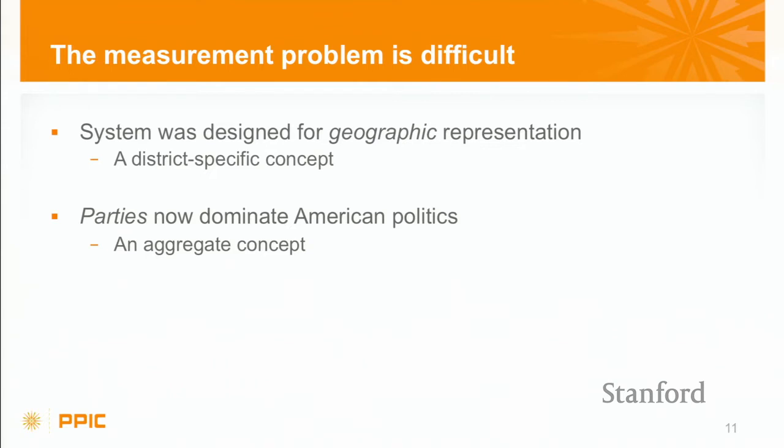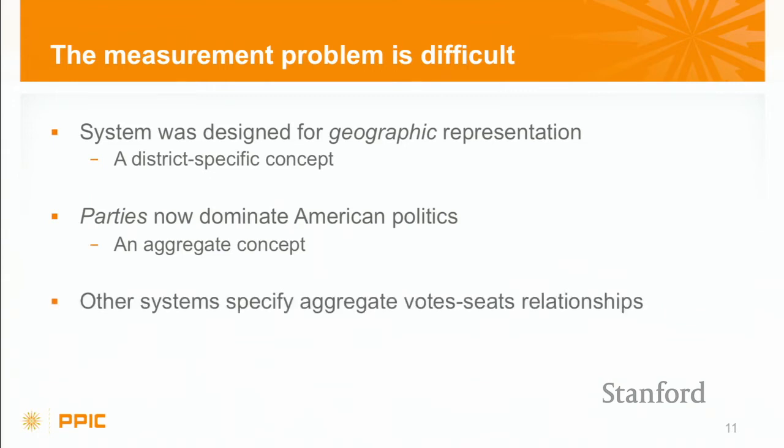A party can have a geographic component to it, but the whole point of a party is to find subsets of people in each district that have common interests and desires and bind them together into a more or less permanent standing coalition. And then that coalition marches together in the legislature on issue after issue after issue. And that's aggregate. It's not district-based.